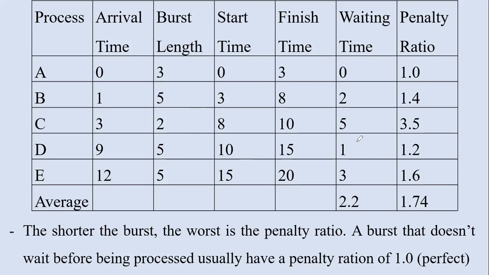It will have a waiting time of 1, because it will arrive in the system and wait for just 1 minute. Remember, you get 1 by subtracting the arrival time from the starting time. So the penalty ratio for D will be 1.2.